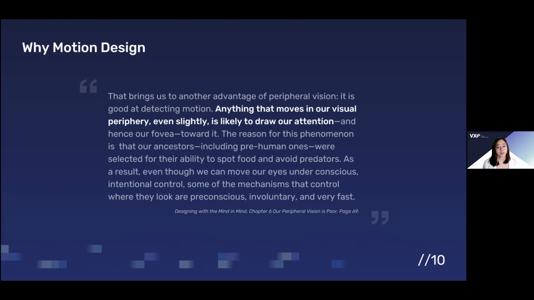This feature is built up pre-human, because humans were selected for the ability to spot food and avoid predators, which means even if you are looking at the center of the screen, the notification window that pops up from the bottom right corner is still very visible to you. I'll introduce more reasons to use motion later in our examples.